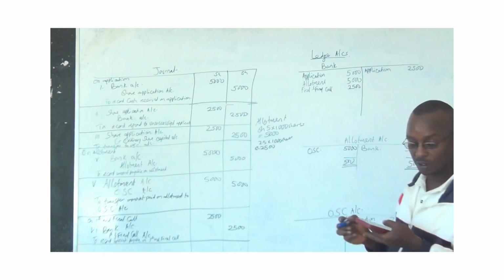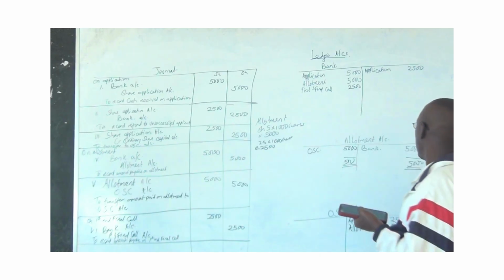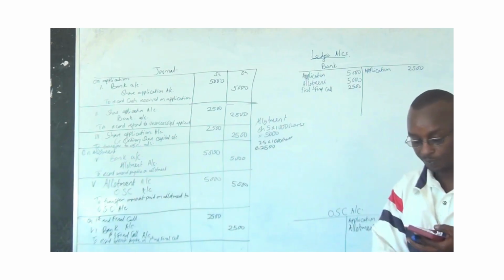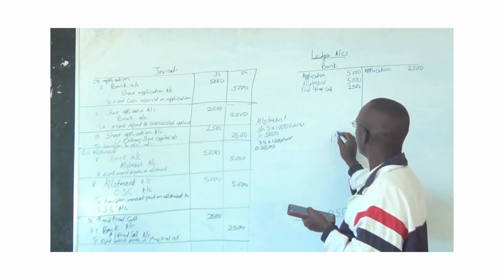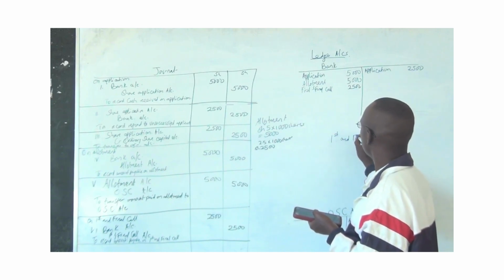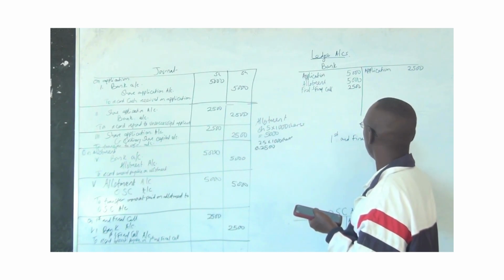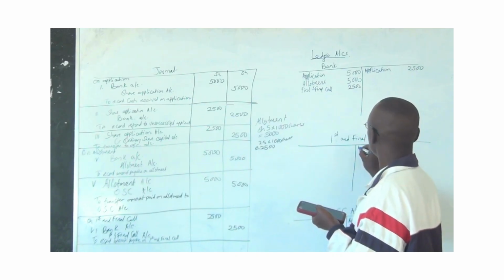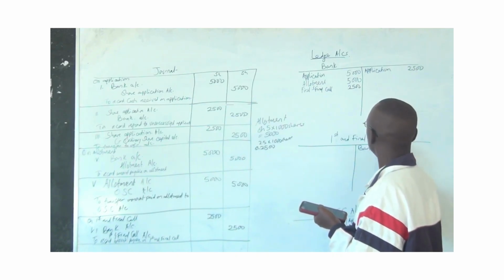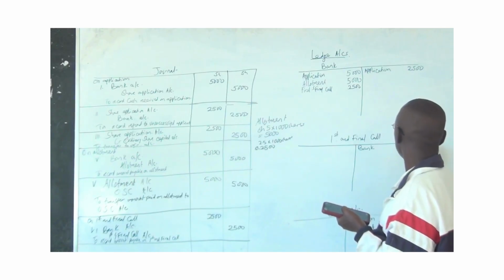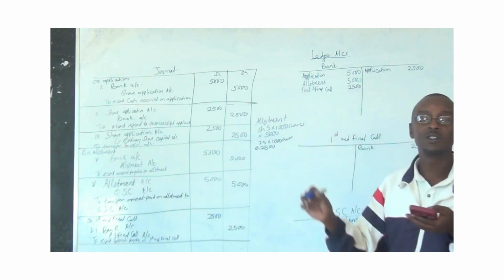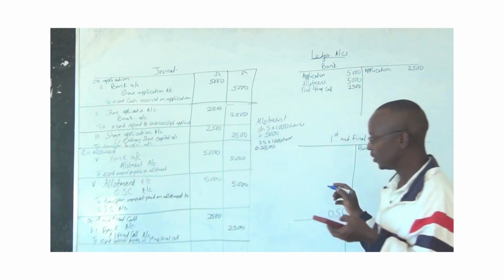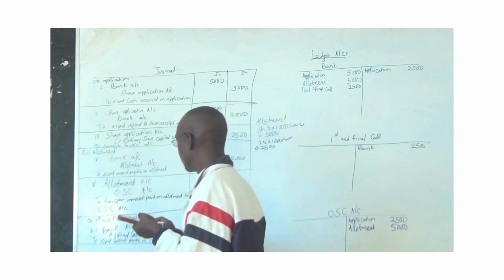Then you open another account called first and final call account. Then you credit with the amount that was received, that is 2,500. Then you transfer the amount to the ordinary share capital account.